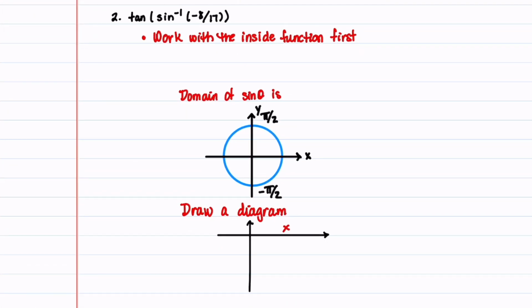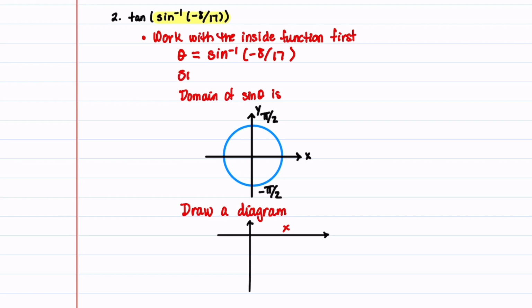Our last problem is a little bit complicated, but I'll go through it very carefully so that you can understand it. Just like we did for the first problem, we're going to work with the inside function first. Our inside function is an angle, so we're going to let theta equal inverse sine of -8 over 17.